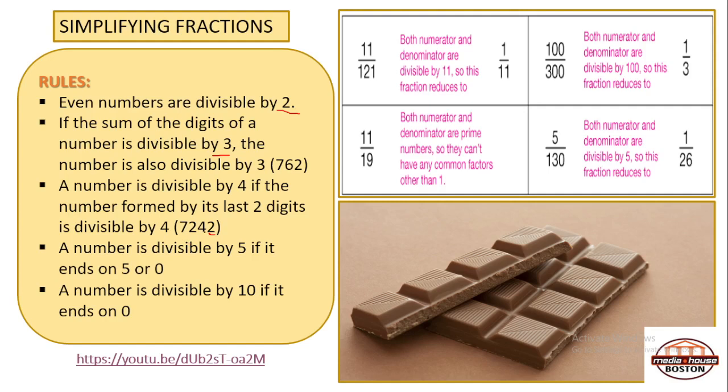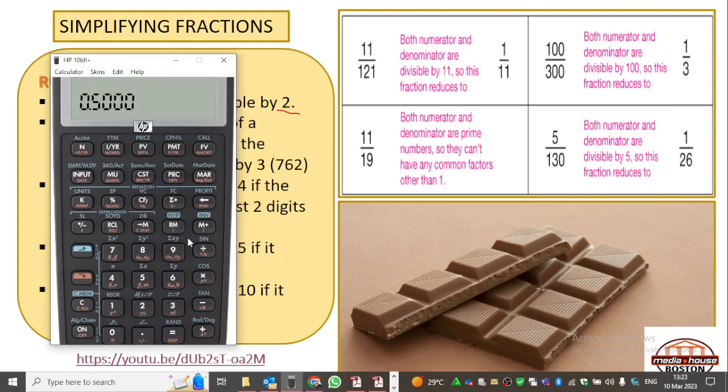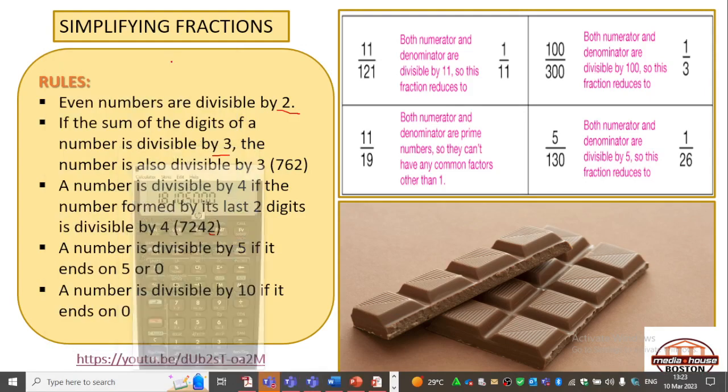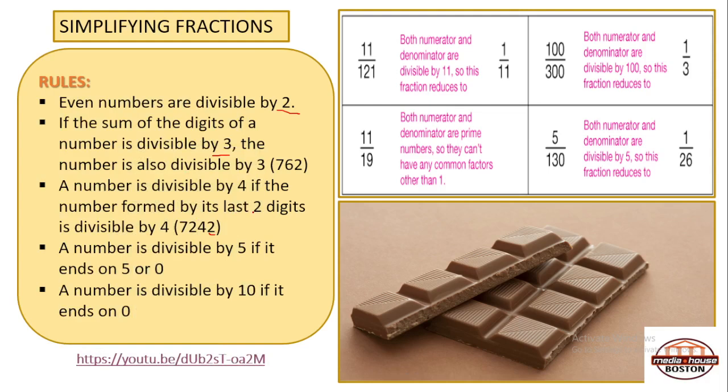So we only get to say that the amount is divisible by 4 when we take 7,242 divided by 4. You will see that this is going to leave a remainder of 0.5, so we can only use 2 actually, because this amount will not divide evenly by 4.